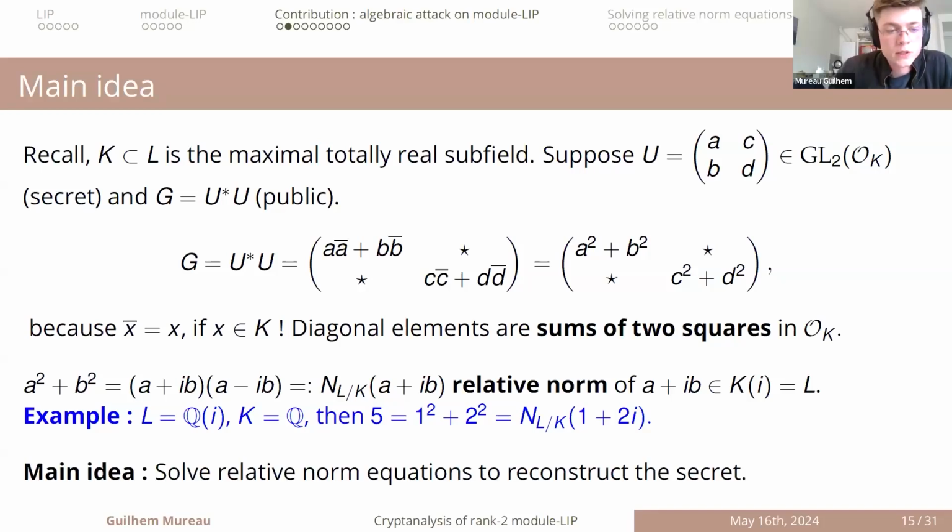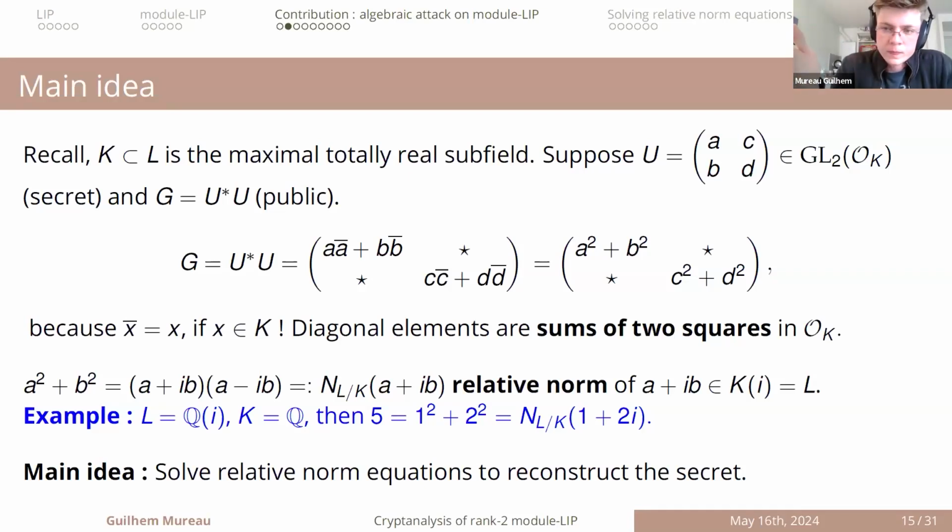And the main idea for the algorithm is to solve norm equations. It will allow us to reconstruct the secrets. We need to do stronger than just solving norm equations. We need, in fact, all solutions.